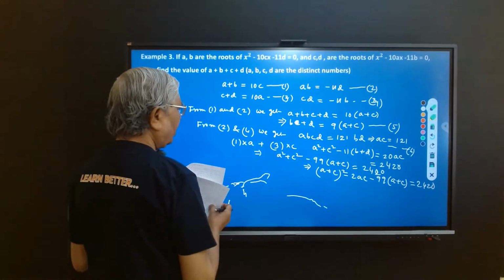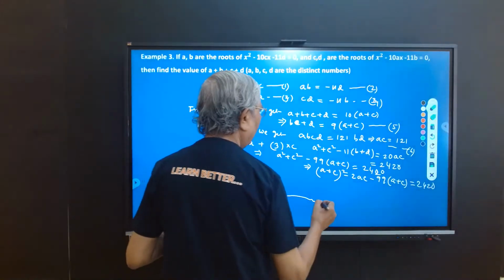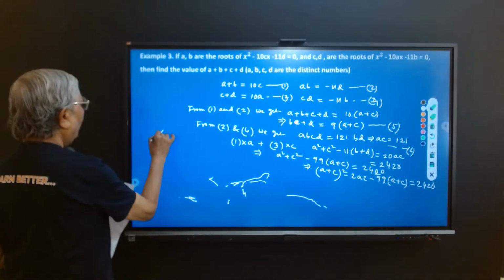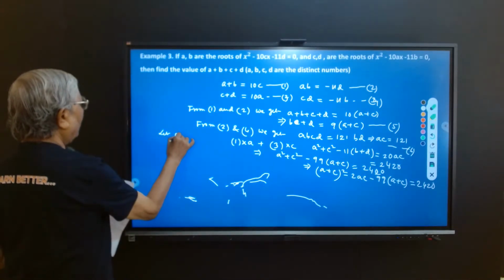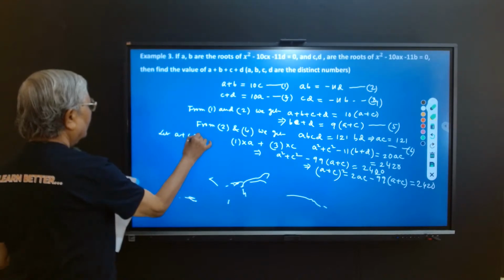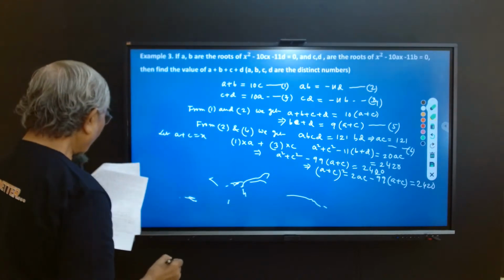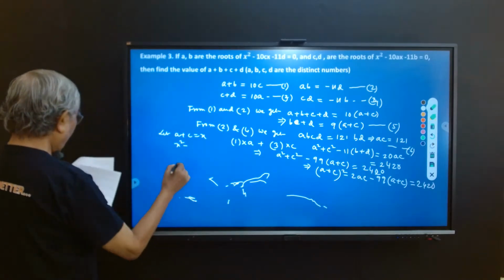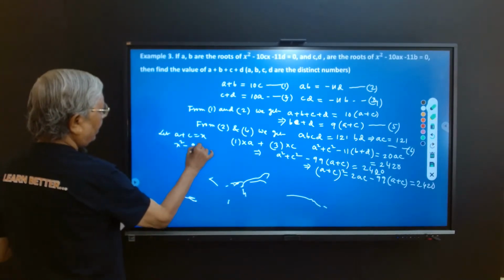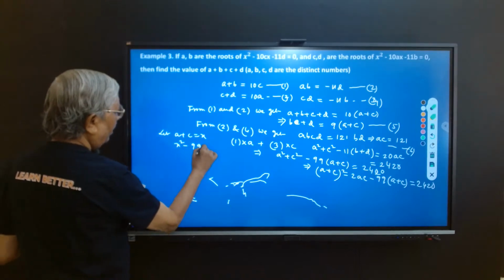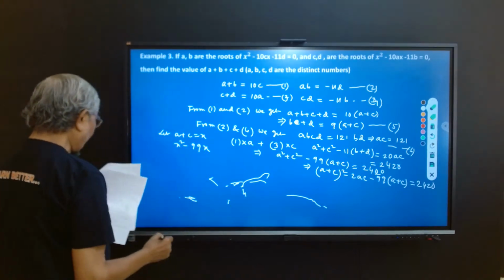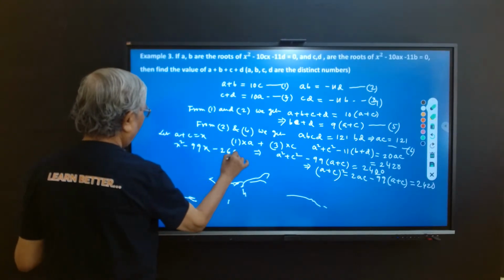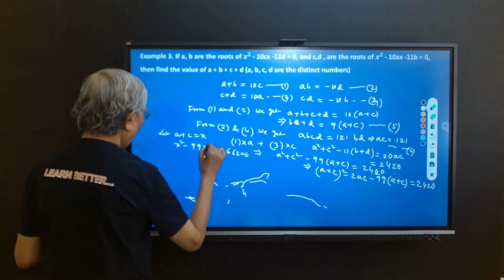Now factorize it. Let A plus C equal to X. So what you get is x squared minus 99x minus 2662 equals 0.